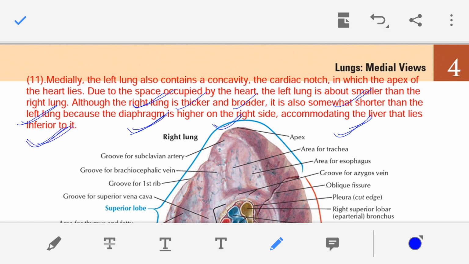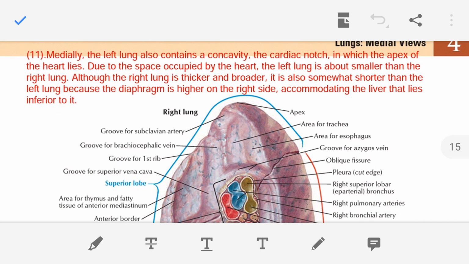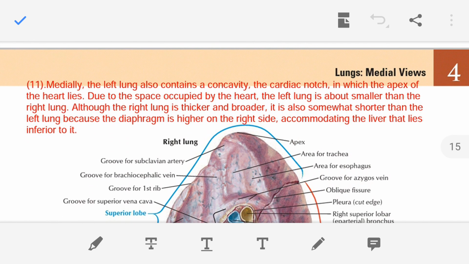So we can say, see, right lung, and beneath the right lung the diaphragm is there, and then there is the presence of the liver. Okay, so this is the arrangement of the organs: right lung, diaphragm, and the liver. So this is point number 11.